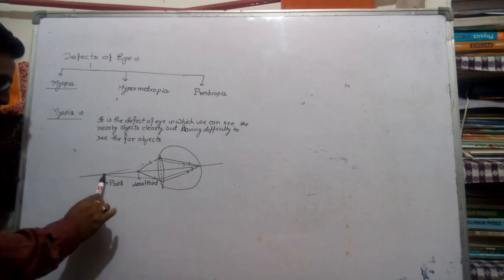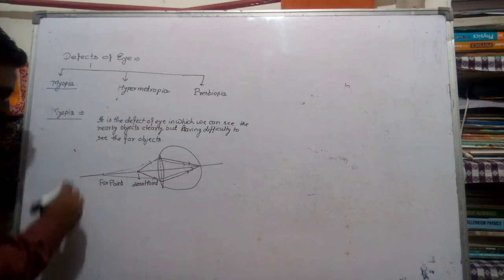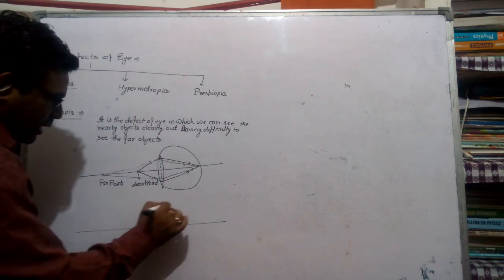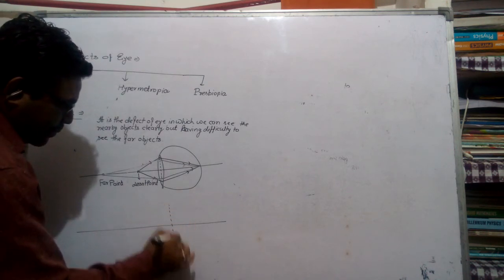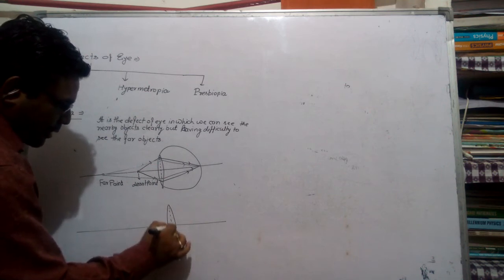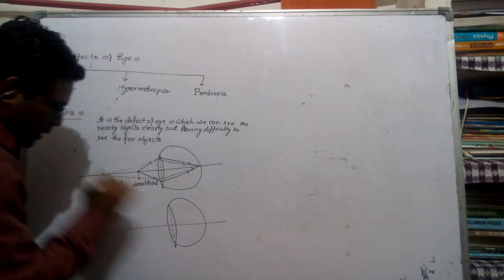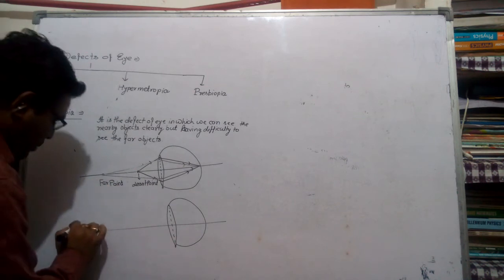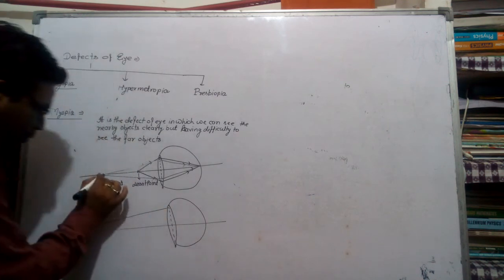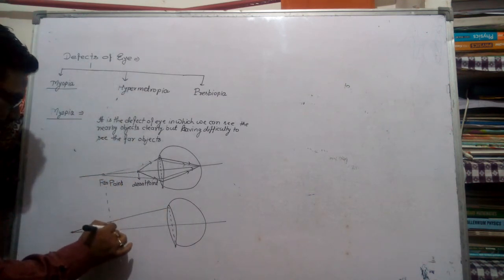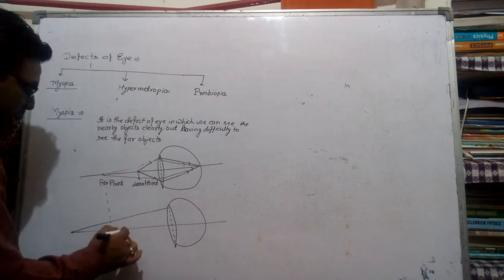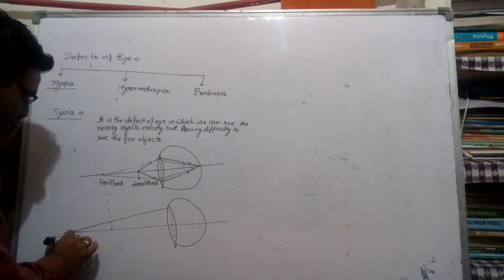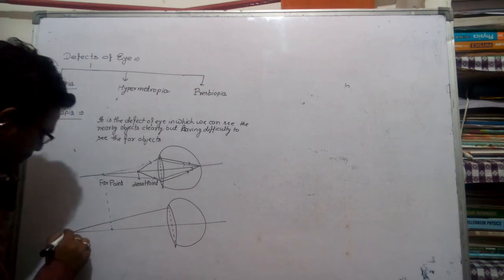But when the object is placed beyond this point, like this, now the object is placed at this point, beta. This is the lens, and now the object is placed here, beta, here or at infinity, beyond far point. This is the far point. It means the object is seen between this one and this point, but the object is placed here, beyond far point.